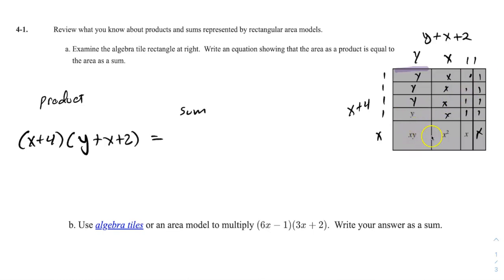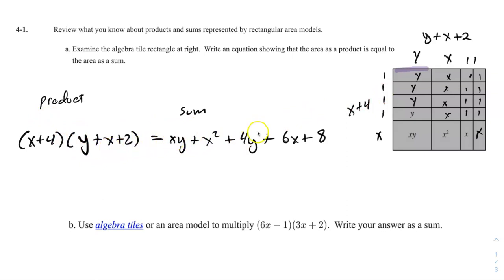We have xy, x squared, plus, how many y's do I have? 1, 2, 3, 4, so 4y. Plus the number of x's I have, 1, 2, 3, 4. Ooh, there's 2 more here though. So 6 total, 1, 2, 3, 4, 5, 6. And then plus 8 ones.